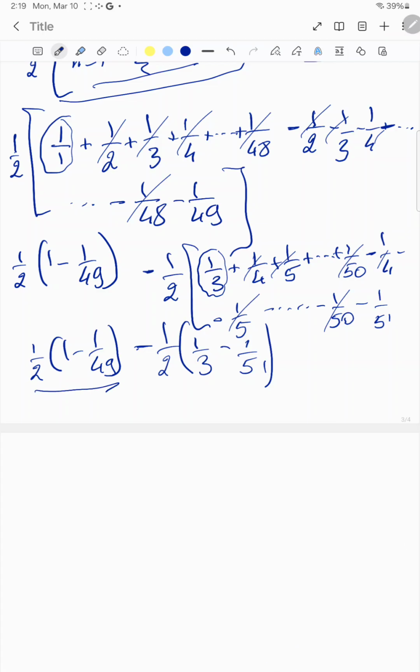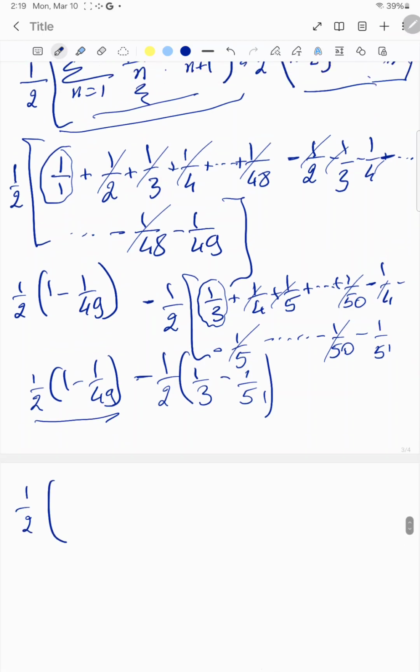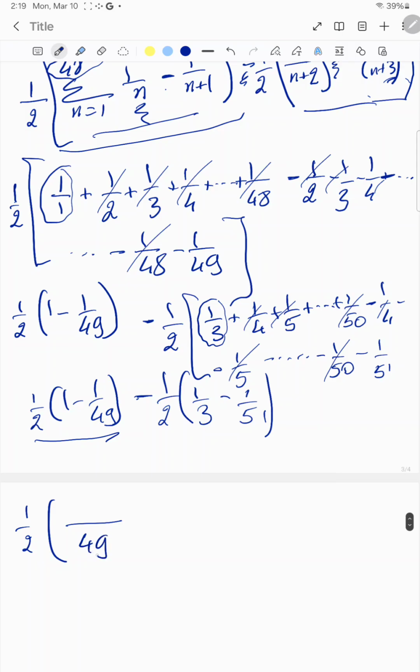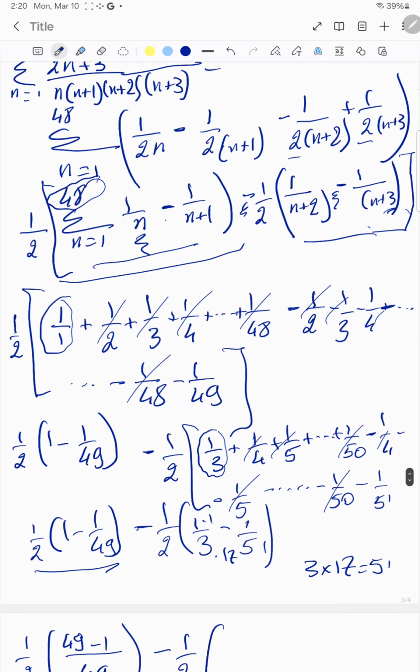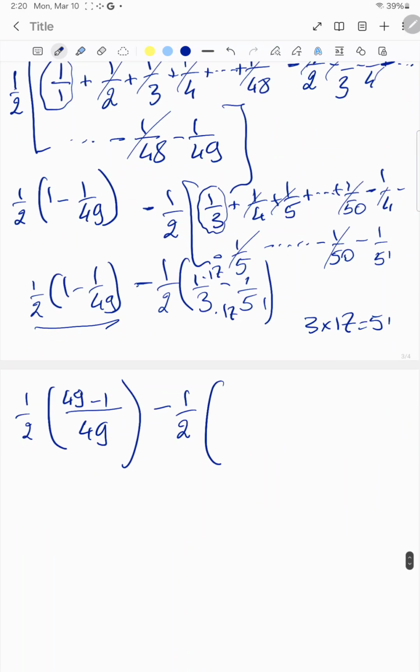So this becomes 1 over 2. If I want a common denominator, it is 49, and 49 times 1 is 49, minus 1. And minus 1 over 2 times, for a common denominator, I know that 3 times 17 is equal to 51. So I multiply here by 17 and here by 17 to have a common denominator.